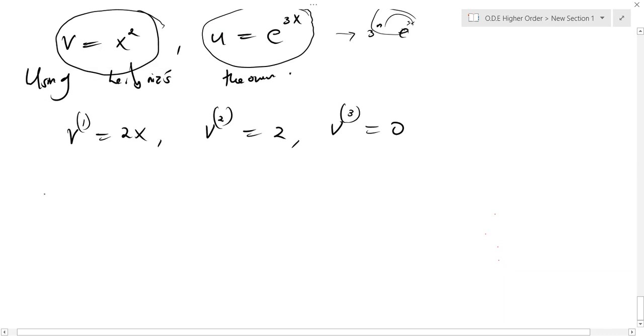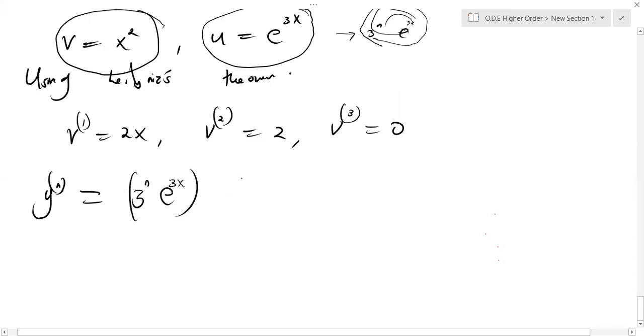Okay, now what is our yn? We begin with the u, and our u is raised to power n. Raising to power n basically means we are finding the nth derivative. And we know from the power series that we did, higher orders, that the nth derivative of the exponential function is given by this. So we can start writing. This will be 3 to the n exponential 3x multiplied by v.